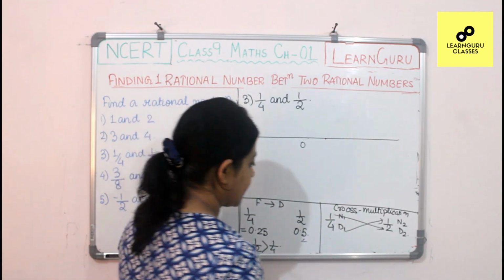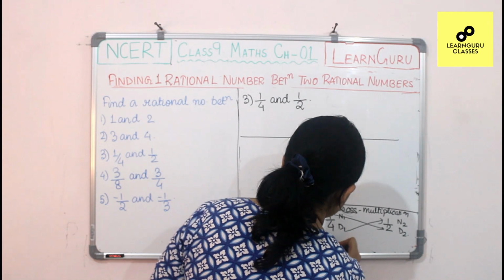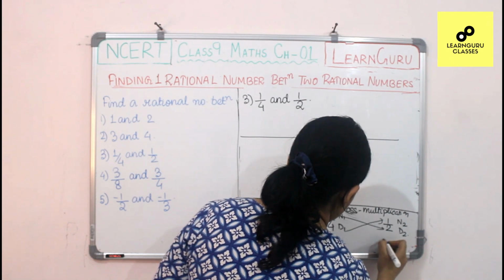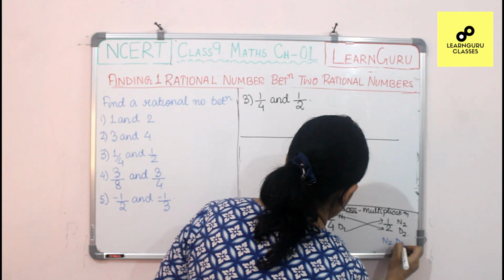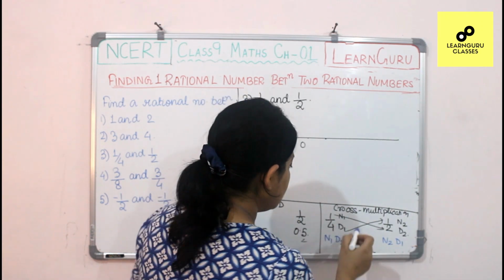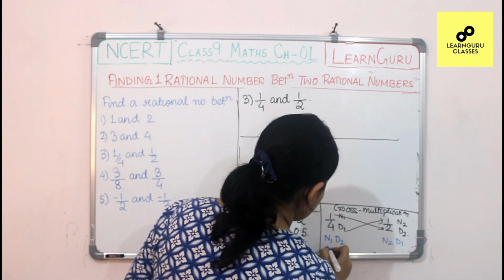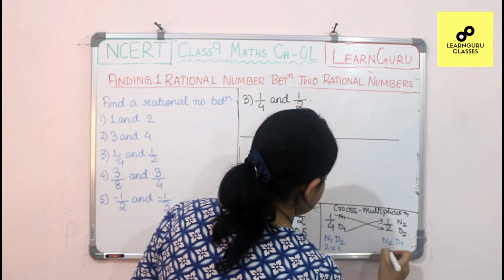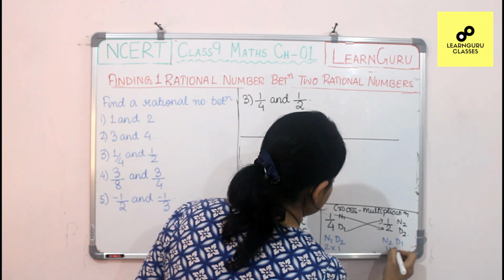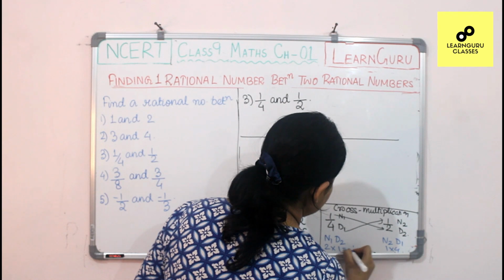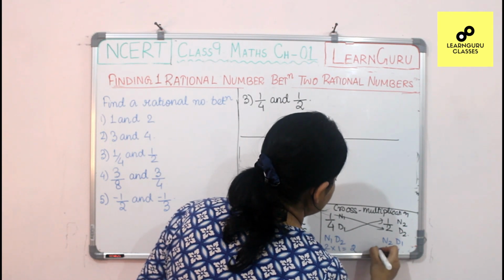That is n1 d2 and n2 d1. So n1 d2 means 2 into 1, and n2 d1 is 1 into 4. So you are getting 2 and here you are getting 4.